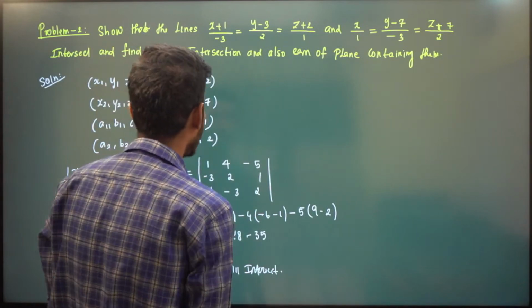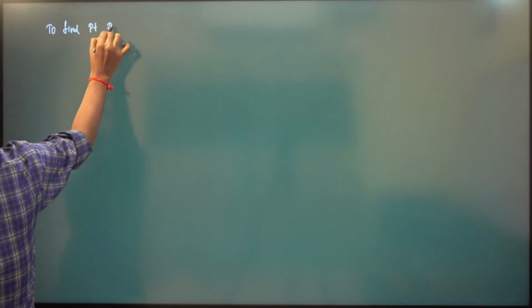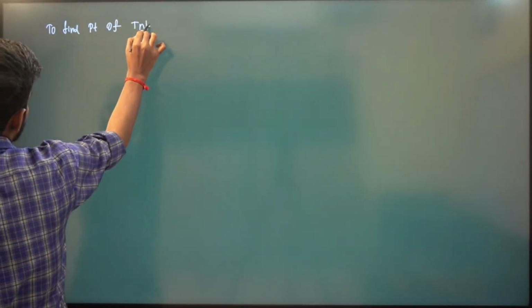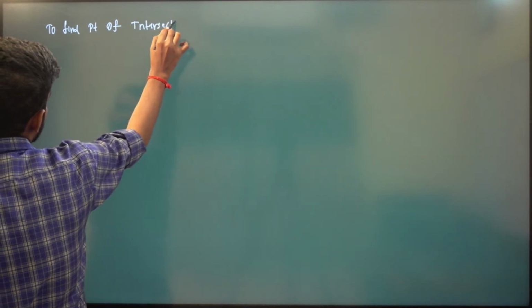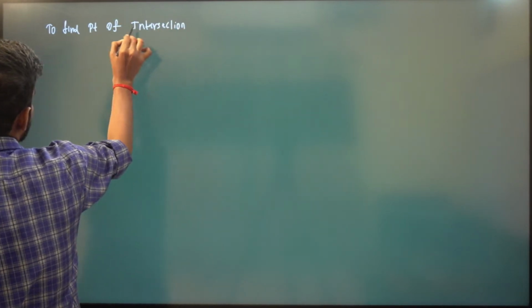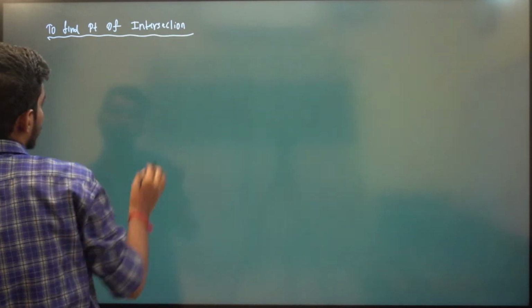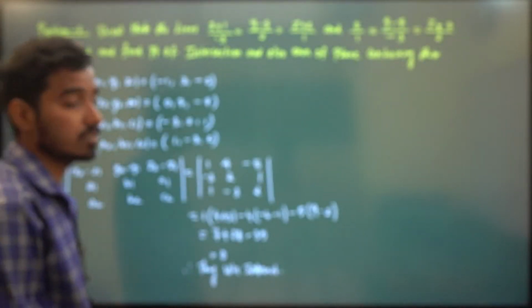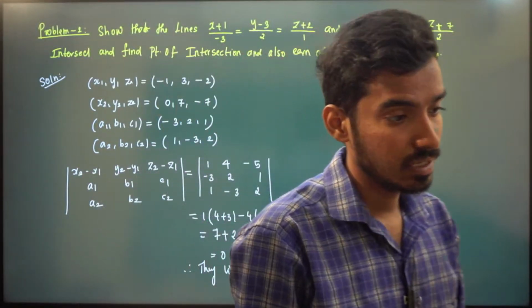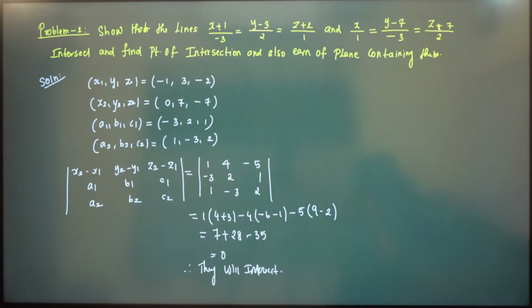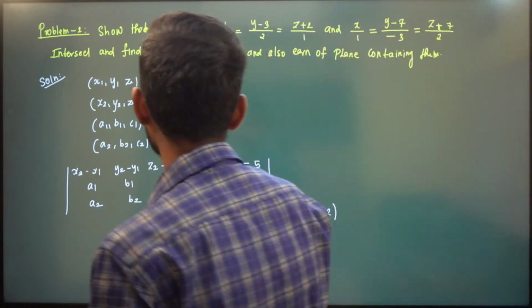Now to find the point of intersection, equate the first line to r, the second line to s, and solve for r and s.